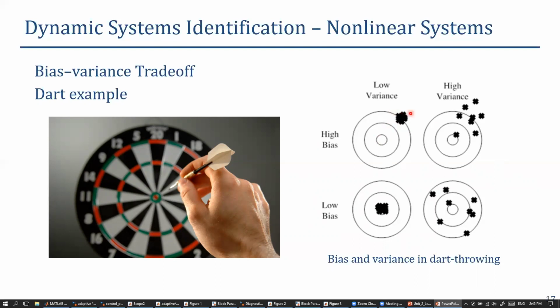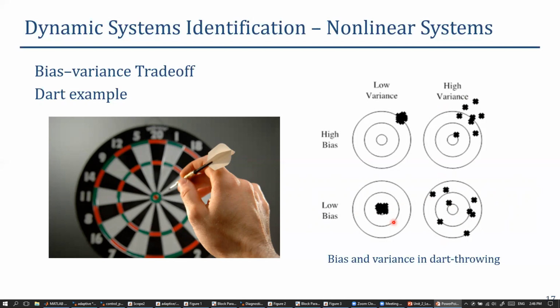When we have high bias and high variance, this is the worst thing that can happen: the throws go everywhere and they miss. When we have high variance and low bias, we're throwing around where our prediction should be. And when we have low variance and low bias, this is what we want. We want an accurate model.